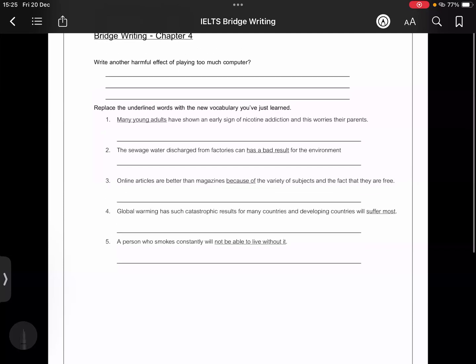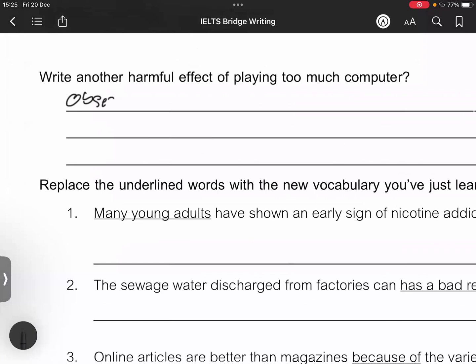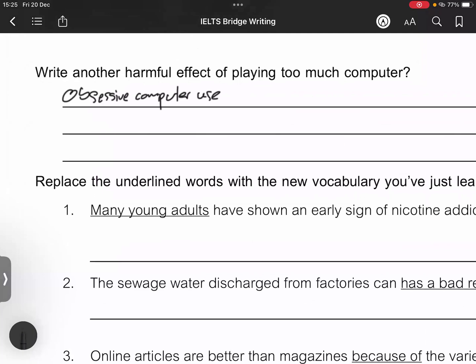Okay, so let's think about some other effects, maybe cognitive and behavioral effects. How about obsessive computer use, right? Obsessive computer use can cause sleep disturbances. Okay, can cause sleep disturbances.